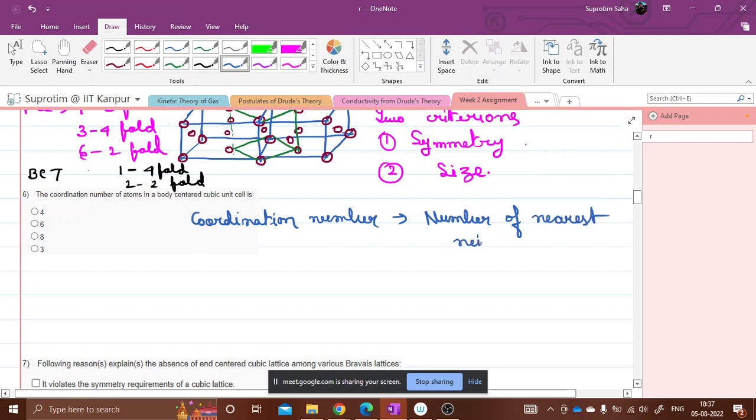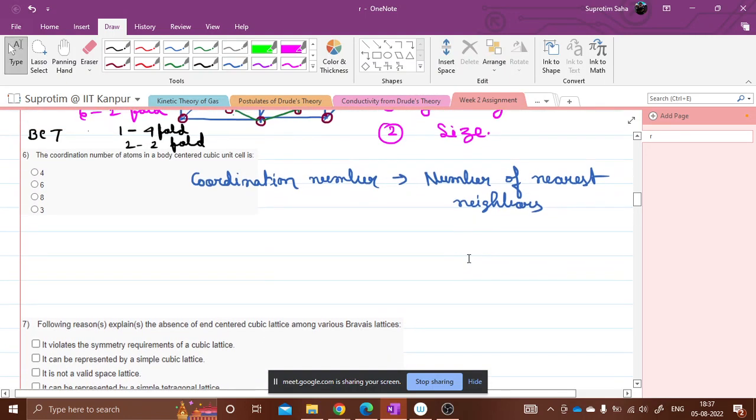All right. So body-centered cubic unit cell, let me just draw it. So this is this.